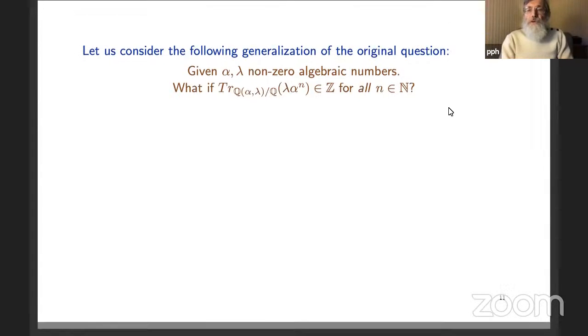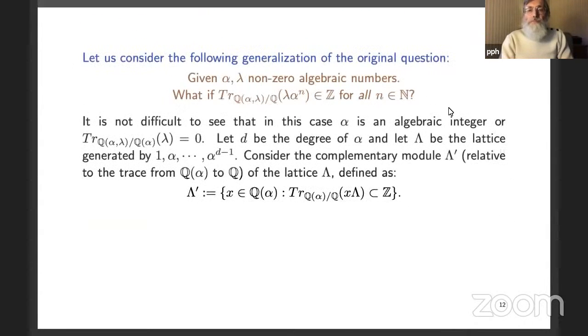Then it is not difficult to show that alpha must be an algebraic integer, or the trace to Q of lambda can be 0. Of course, if we have this trace to be 0, then when you multiply by alpha to the n and take the trace to Q, we still will find 0.